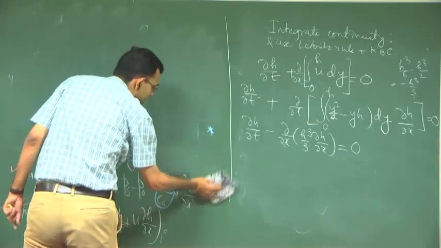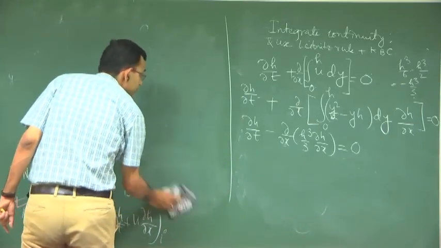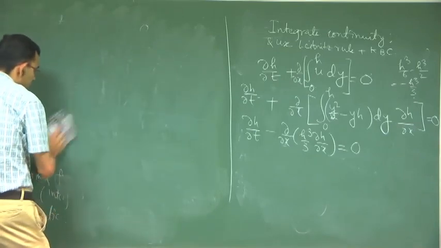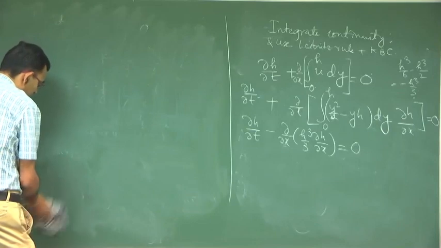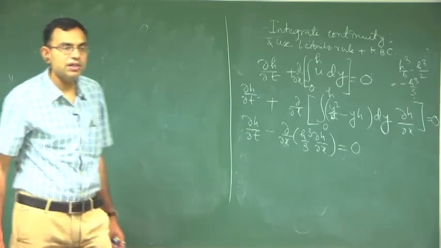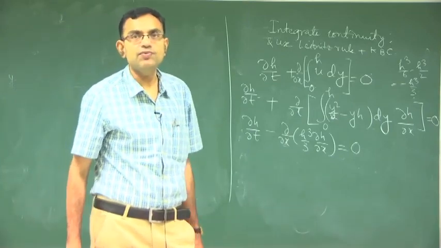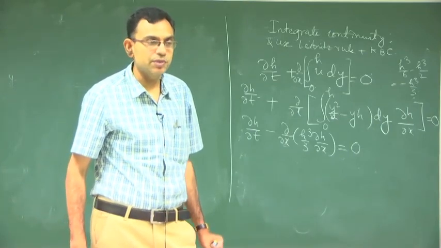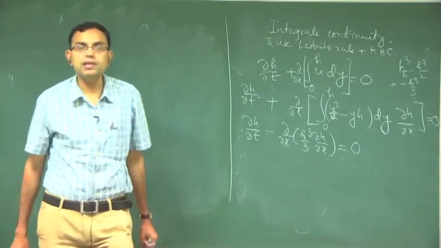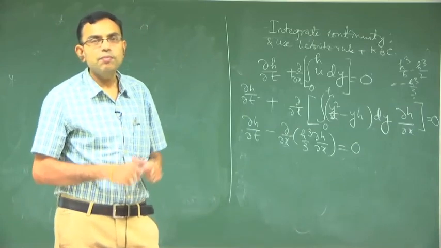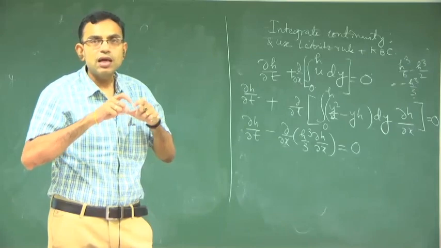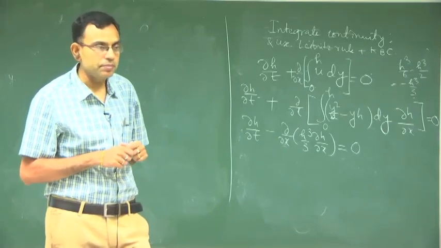Now, this equation is a partial differential equation, right, but this can be transformed into an ordinary differential equation by virtue of a transformation called a stretching transformation. Such a stretching transformation is permissible if the physics of the problem is self similar with respect to x and time.